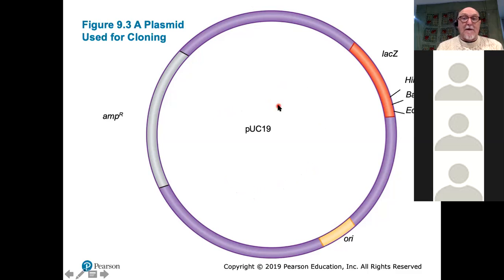pUC19 has a number of very important things about it. First of all, it behaves just like a little chromosome. It has its own origin of replication, so it will reproduce inside a cell that it is inserted into. The second thing is it carries various genes, and one of particular interest and characteristic for pUC19 is the ampicillin resistance gene.